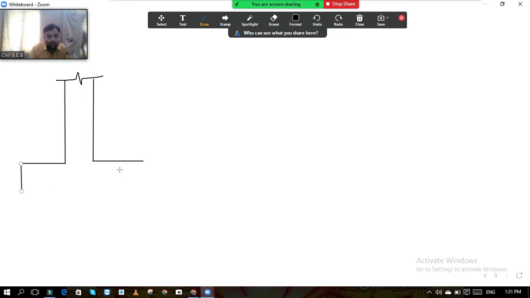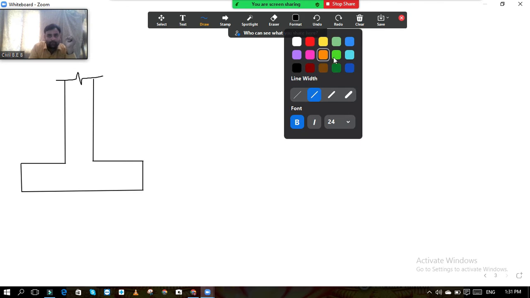Then this type of footing is called an isolated footing.